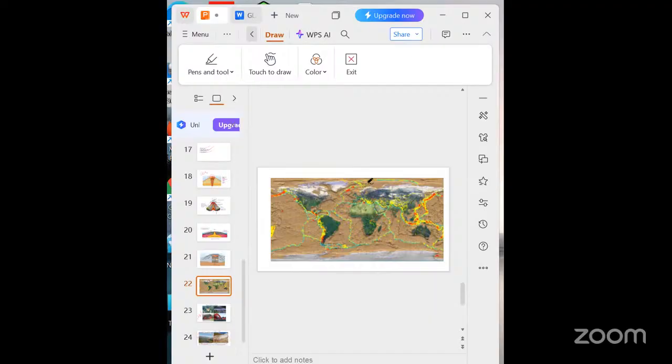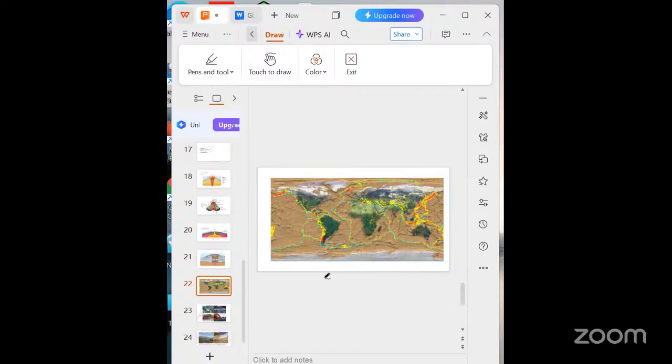So the volcanoes are most likely to occur along the margins of tectonic plates. So especially in subduction zones, that means where oceanic plates dive under continental plates, right? As the oceanic plate subducts beneath the surface, intense heat and pressure melts the rock, right?